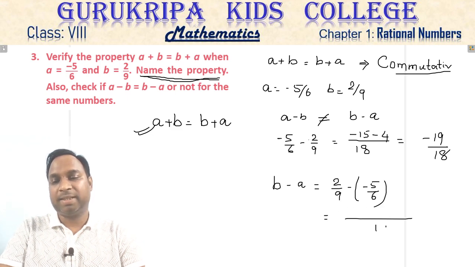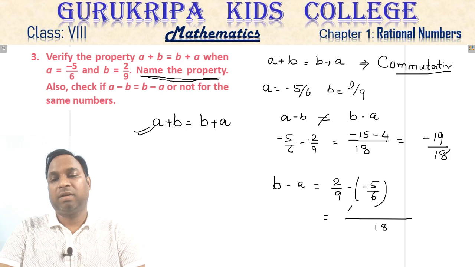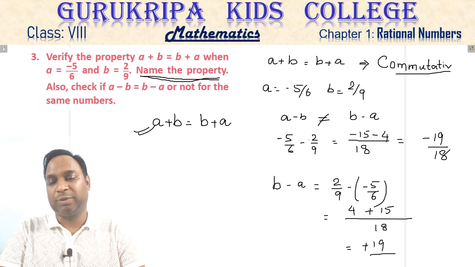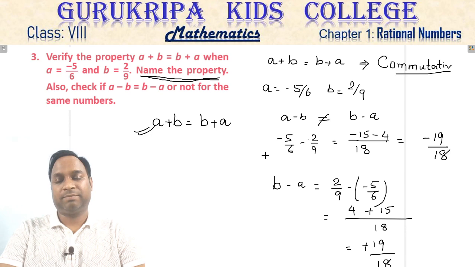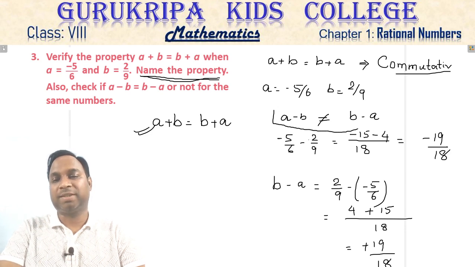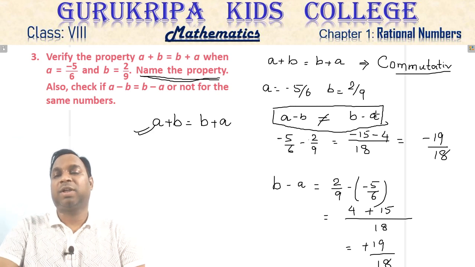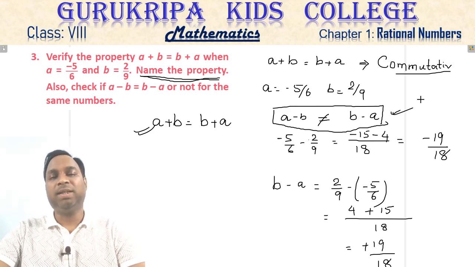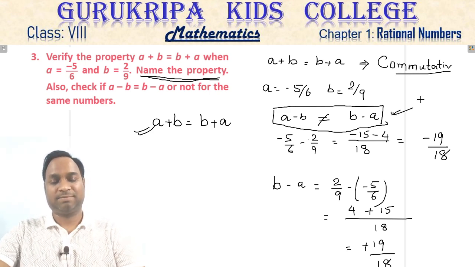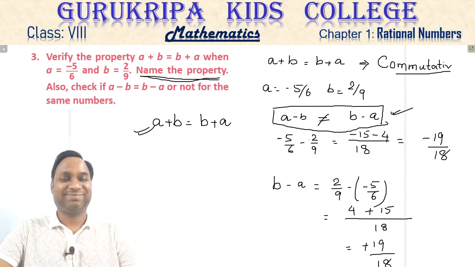Again the LCM will be 18. 4 plus 15, that is equal to plus 19 divided by 18. So definitely this is true. A minus B is not equal to B minus A. So commutative property does not hold over subtraction. Simple? Yes, it's simple.